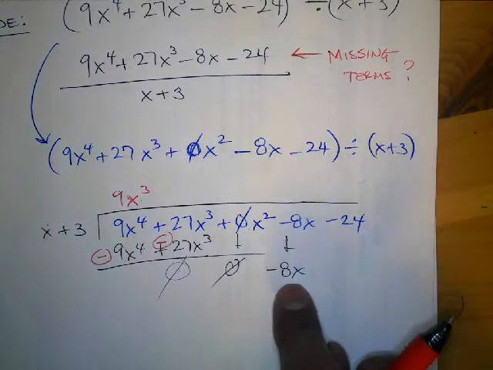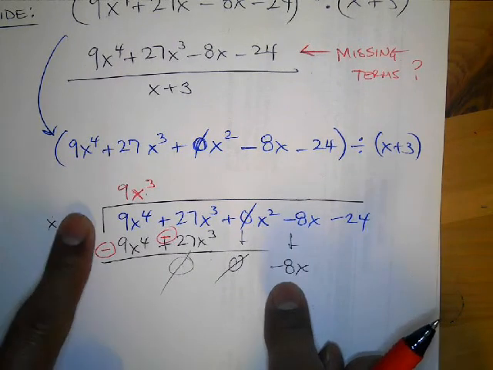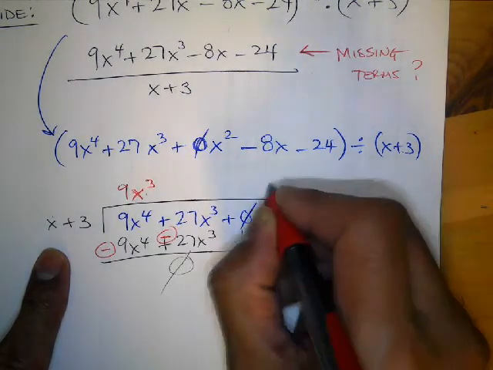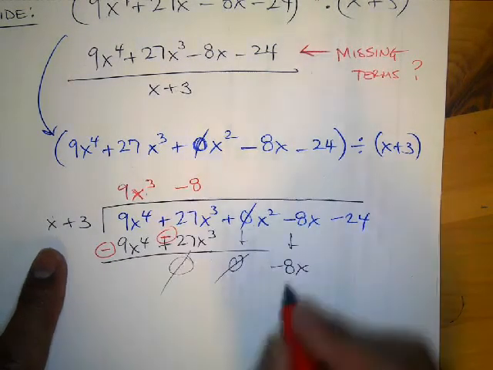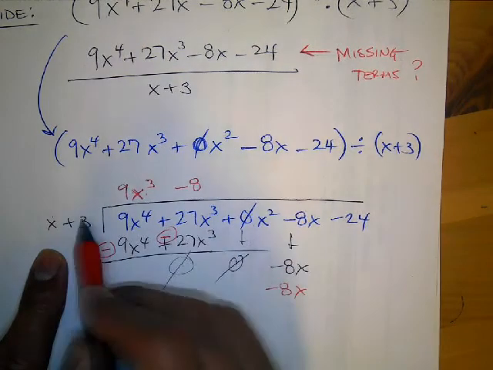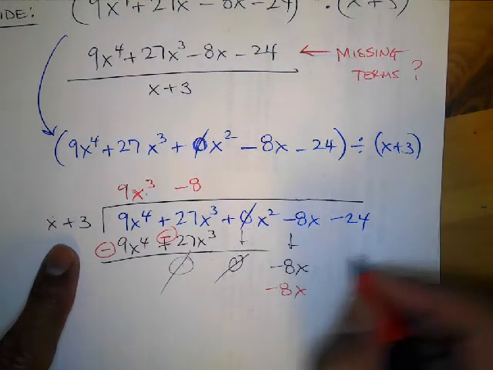Alright, so we start the division process again. And now, remember, you look at the first one here. So that'll be what? Negative 8. I'll put it over here. And that'll be what? Negative 8x. This times this times this.